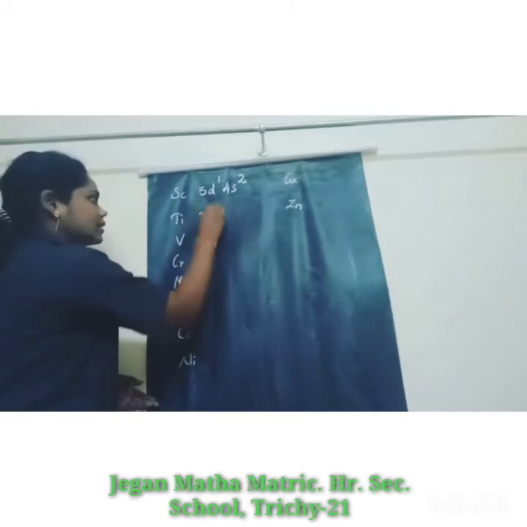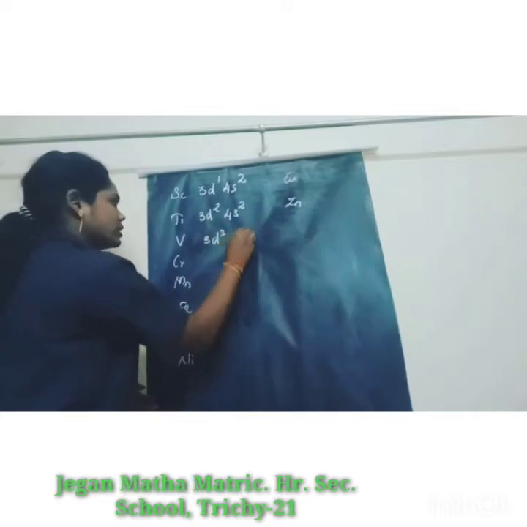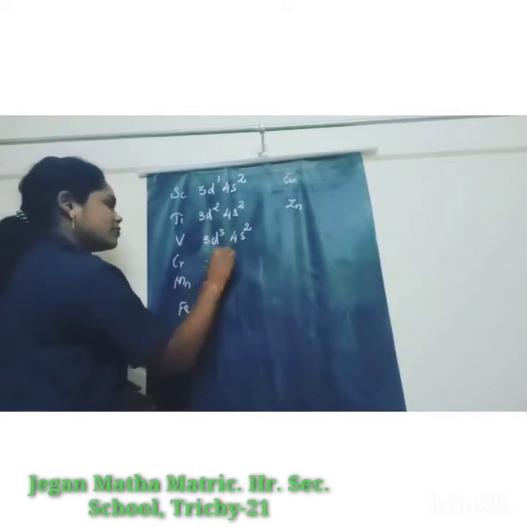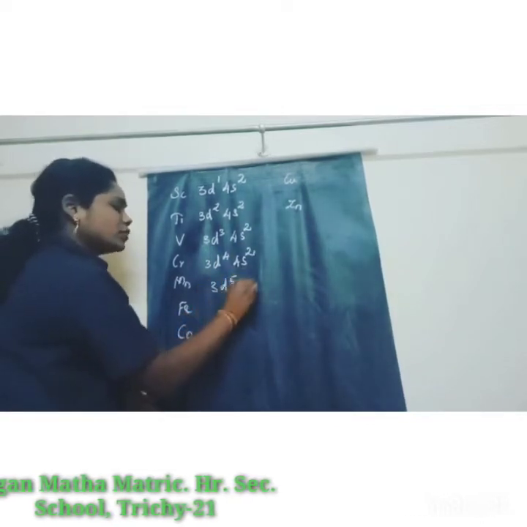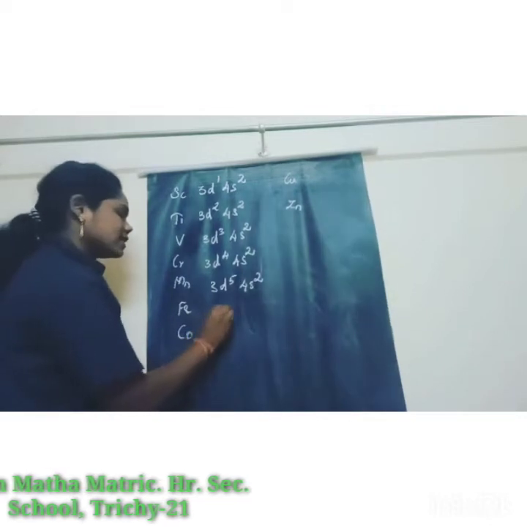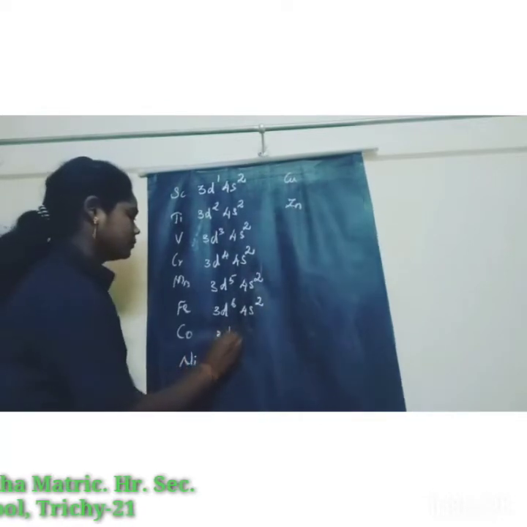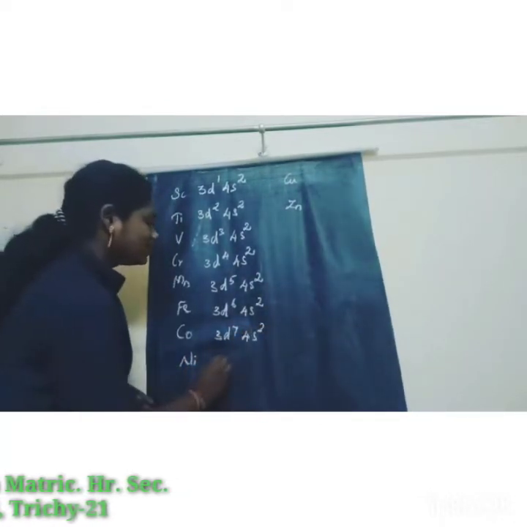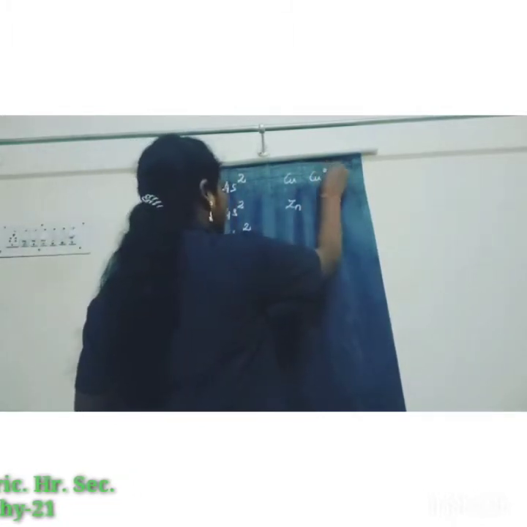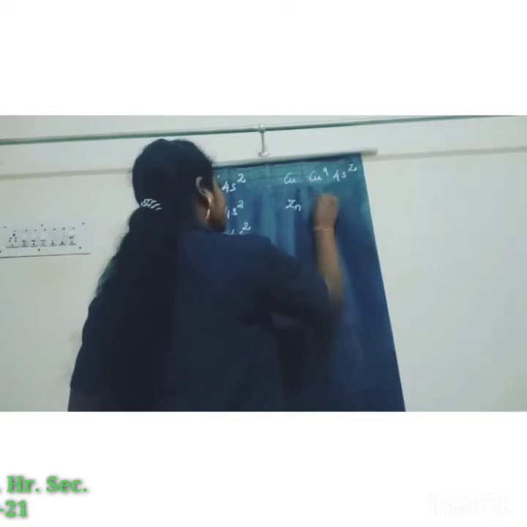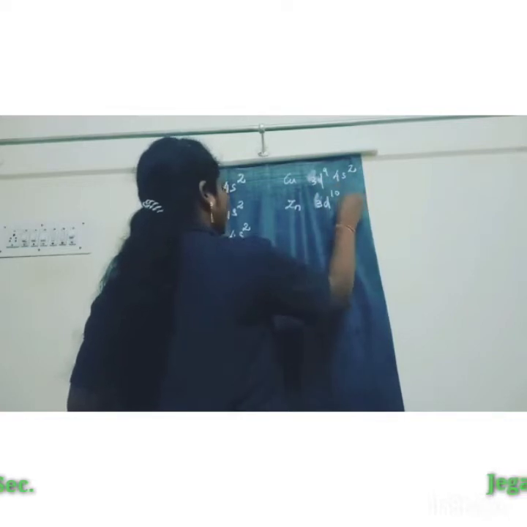The next one, titanium, is 3d2 4s2, vanadium 3d3 4s2, chromium 3d4 4s2, manganese 3d5 4s2, iron 3d6 4s2, cobalt 3d7 4s2, nickel 3d8 4s2, copper 3d9 4s2 and zinc 3d10 4s2.